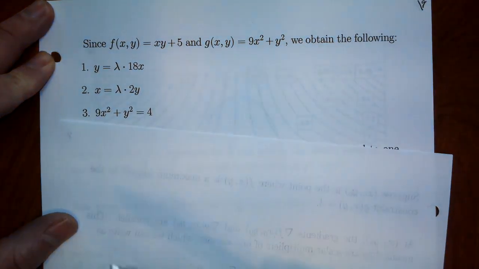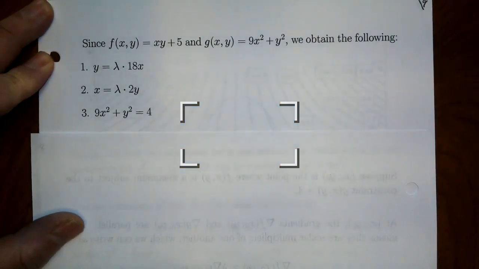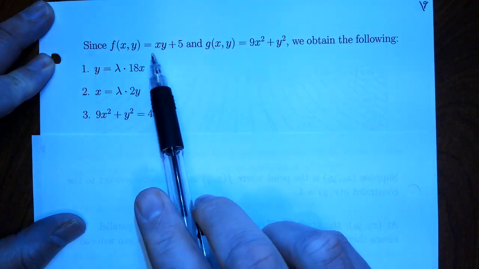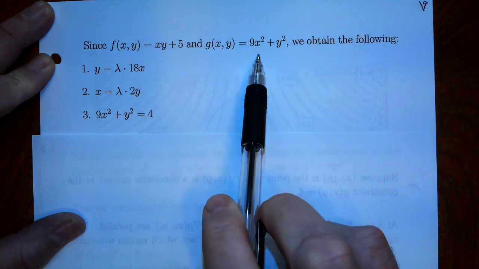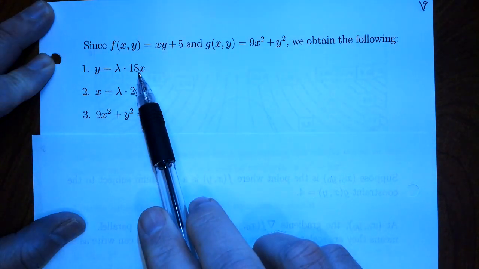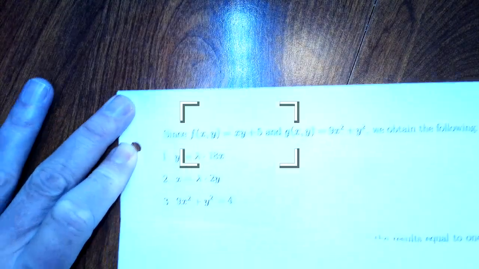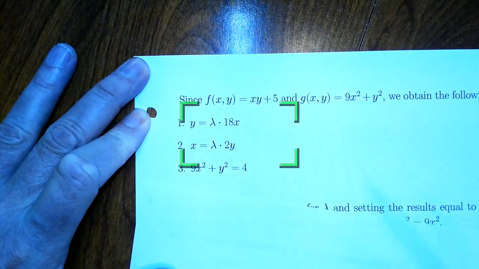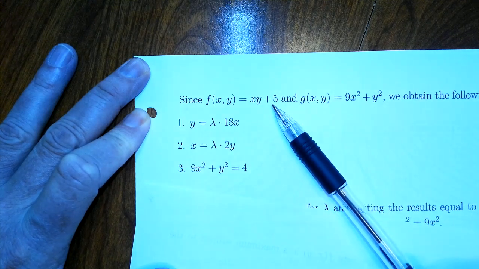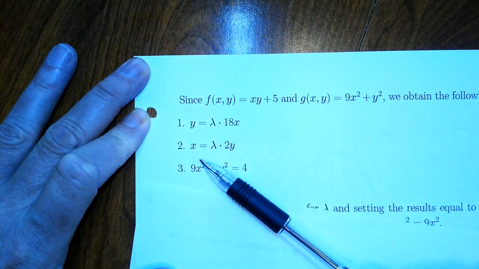The partial of f with respect to x would be y. The partial of g with respect to x would be 18x. So here I have y equals lambda times 18x. The partial of f with respect to y is x.